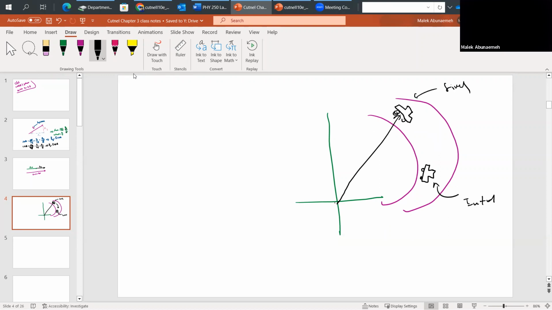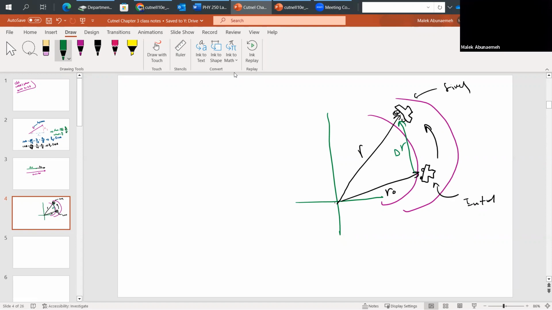Actually, I'm going this way. So here's your initial position, which is going to be your R naught, followed by your final R. We'll just say R_f, or R for the radius that we're starting in. That means that this one that goes over here is your delta R.